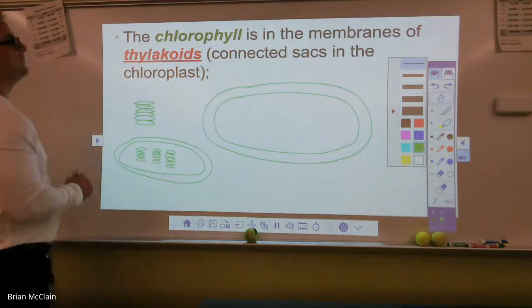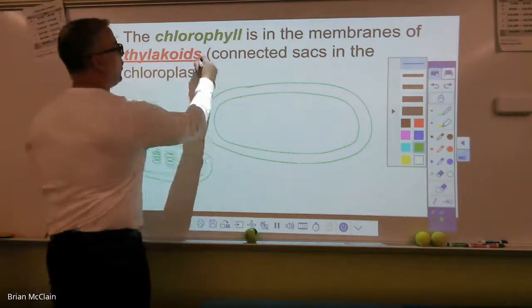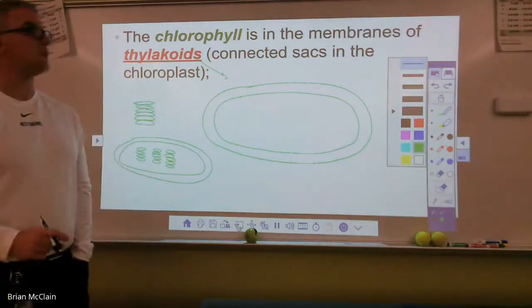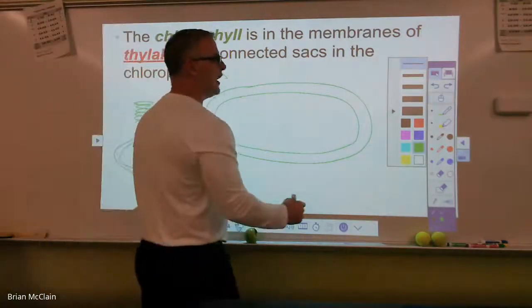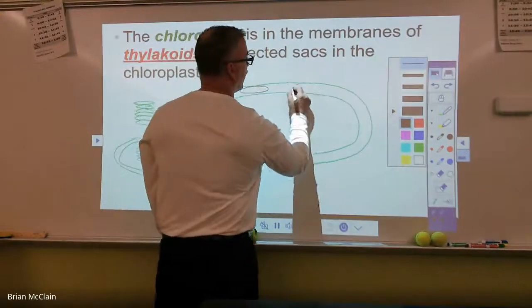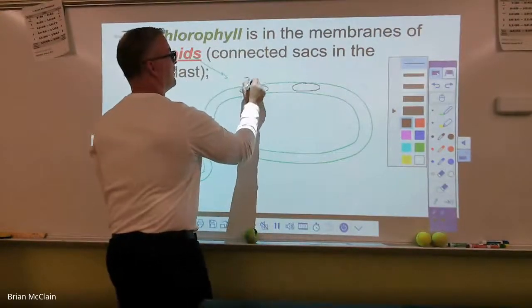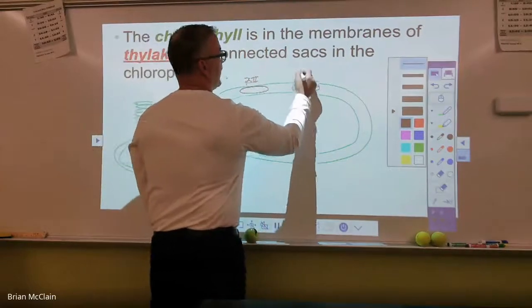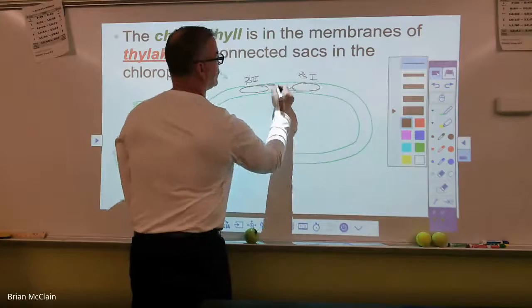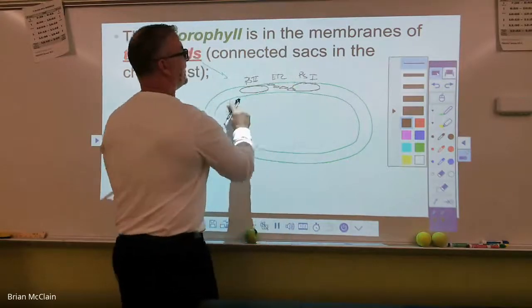Okay, so the thylakoid as a whole has a lipid bilayer. It has a double membrane system. And when we start talking about things like the photosystems, which are going to be photosystem number 2 and photosystem number 1, and there's going to be an electron transport chain, that's where it's going to be located.